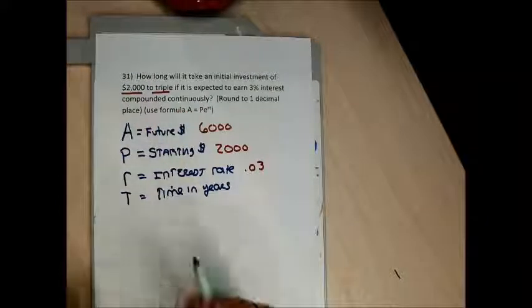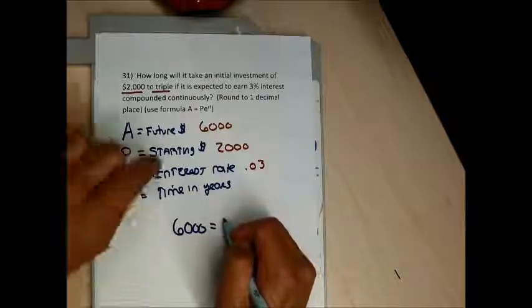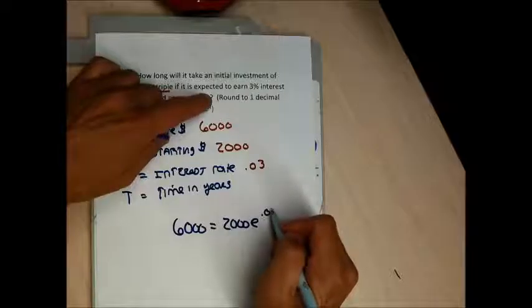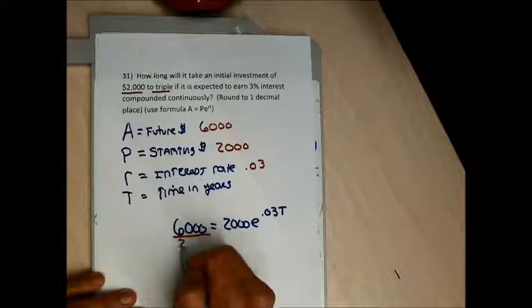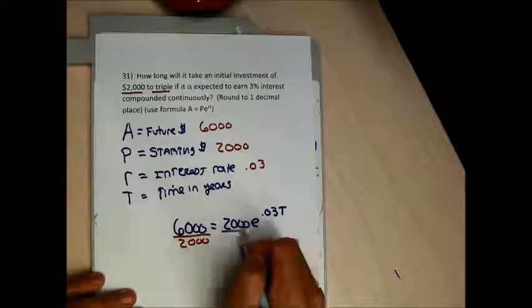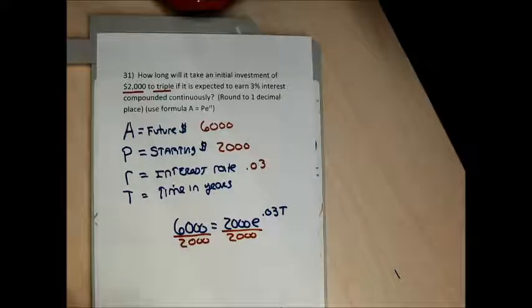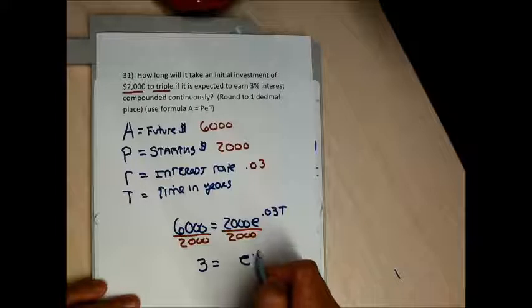I'm going to go 6,000 equals 2,000 times e to the 0.03, for r, times t. To solve this, first I'm going to divide both sides by 2,000. That's going to give me 3 equals e to the 0.03t.